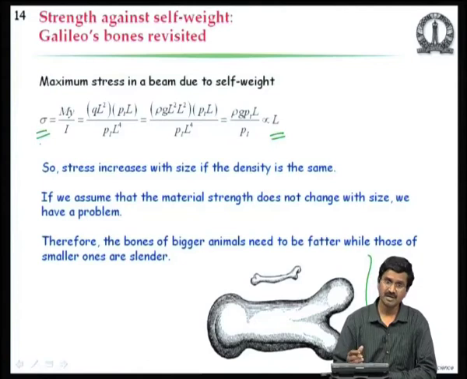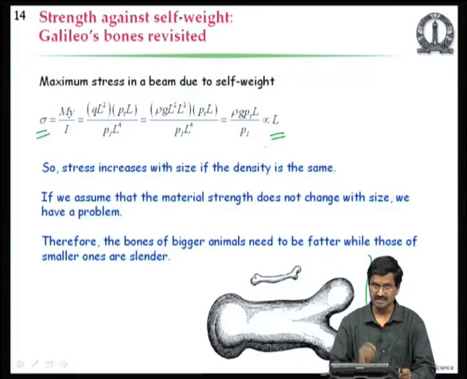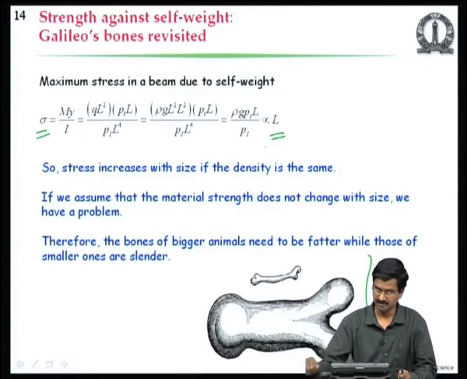So, the bones of the elephant have to be much bigger and bulkier than those of the mouse, and that is the scaling argument that tells us when you design something at micro scale, you have to keep in mind the scaling argument, otherwise we could make mistakes.